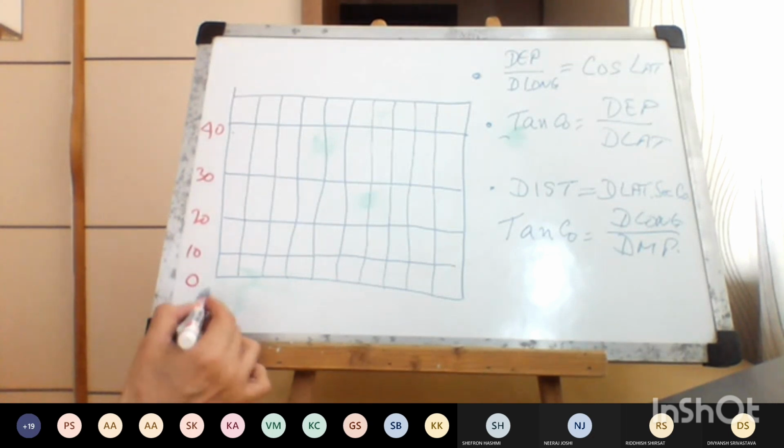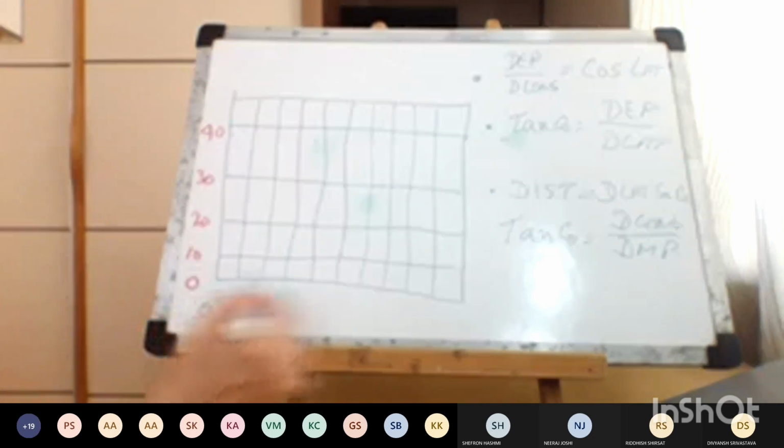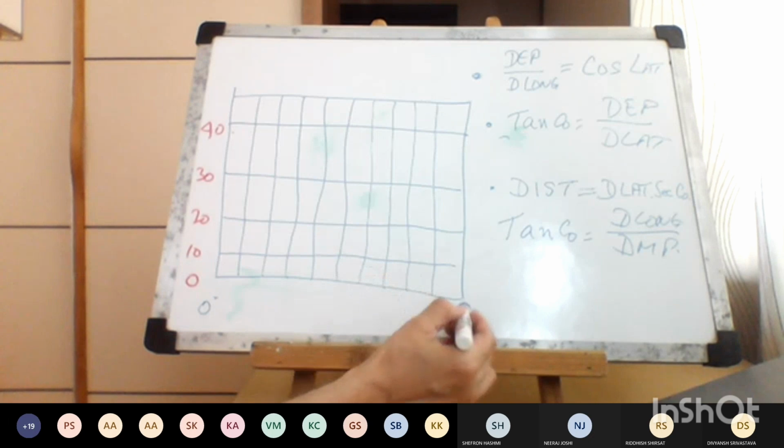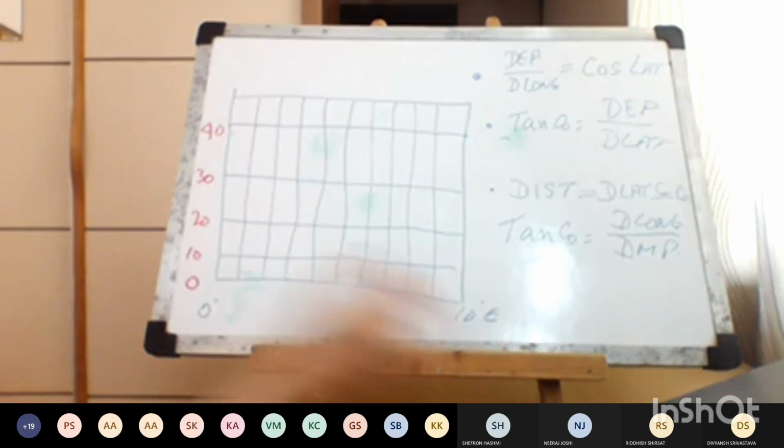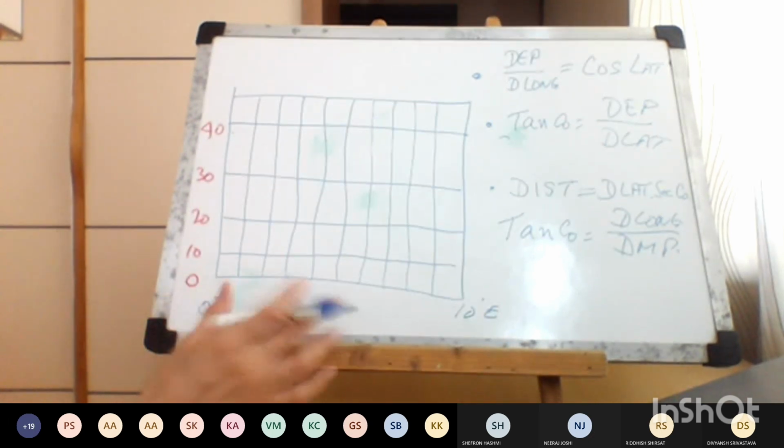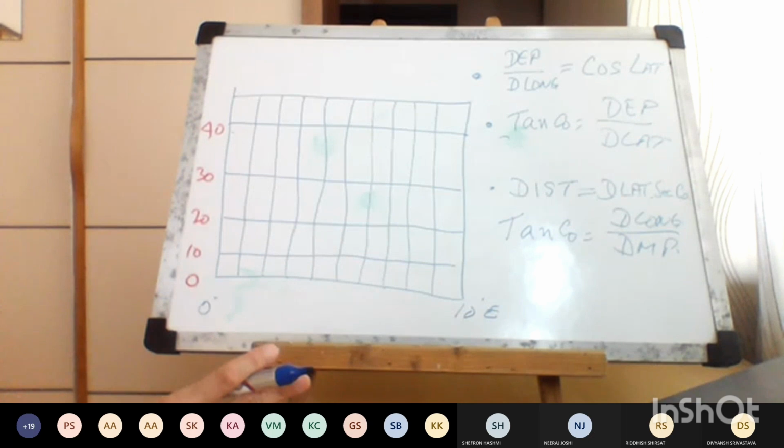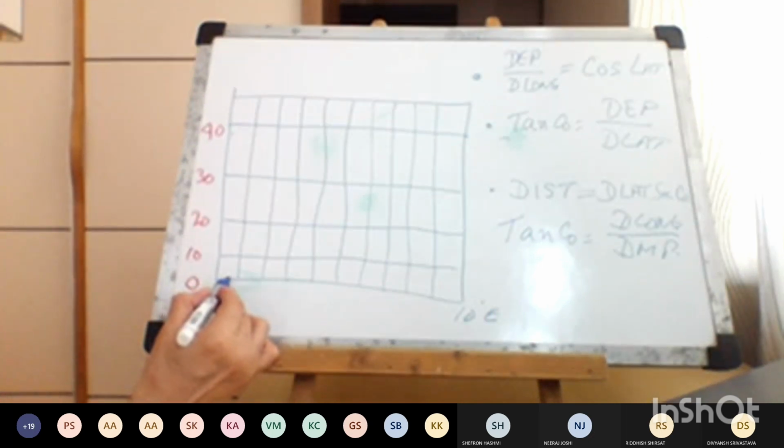So let's say if this is 0 degrees longitude and this is 1, 2, 3, 4, 5, 6, 7, 8, 9, 10 degrees east. Each degree is divided equally. And all the small gaps also will be all equal.